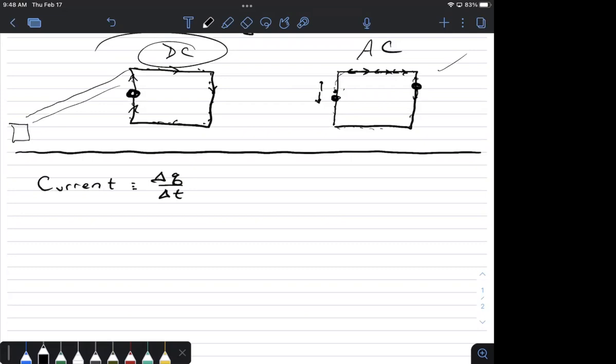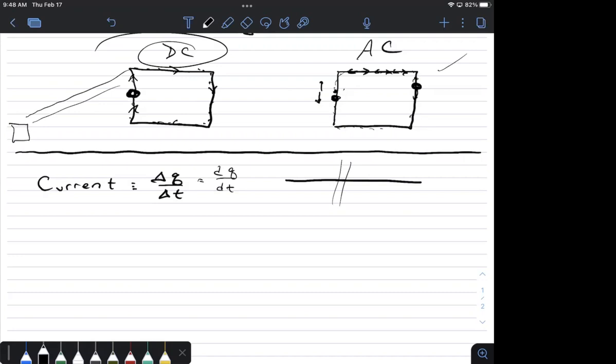Okay, if we want to start looking a little mathematical, we could do it with calculus. dq dt is another way of writing delta q over delta t. But what it means is, if you're going to have a wire here and you look at a chunk of wire right there, and you just detect how many charges come in and how many charges go out per second.